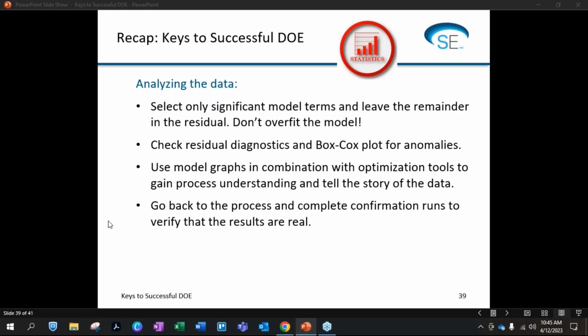Somebody asked about low R squareds. A low R squared means that you are only explaining a small amount of variation in your system, and it might mean that you don't have all the factors in the experiment.